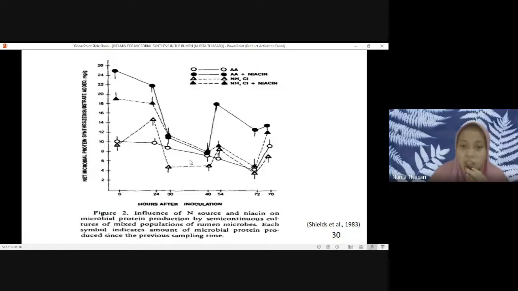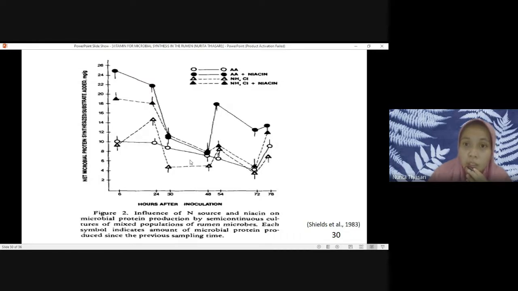Okay. Thank you for the question. In my understanding, when the ruminant gets the amino acid, compared with the ammonium chloride, it is highest in the amino acid with niacin, because in synthesizing the microbial protein, we need different kinds of amino acids.